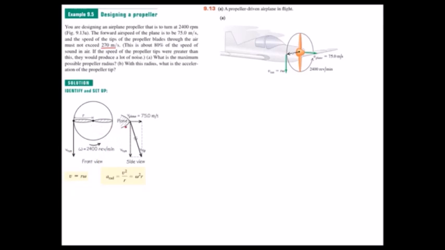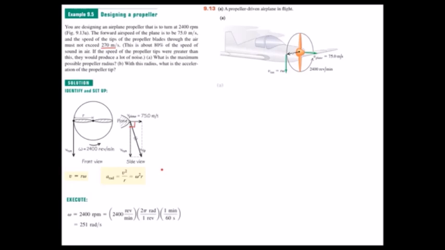And if I look at a side view at this moment, if the plane is moving out of the page at a speed of 75 meters per second, I also have a component of the velocity that is to the right. So these two velocity vectors are actually at a right angle to each other, so I can use the Pythagorean theorem to find the net velocity, which is this hypotenuse.